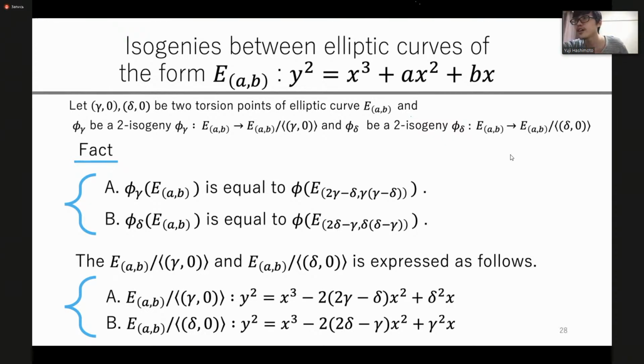We can compute E divided by (gamma0, 0) and (delta0, 0) by using phi. By using this fact, E_AB over gamma0 and E_AB over delta0 are expressed as follows.